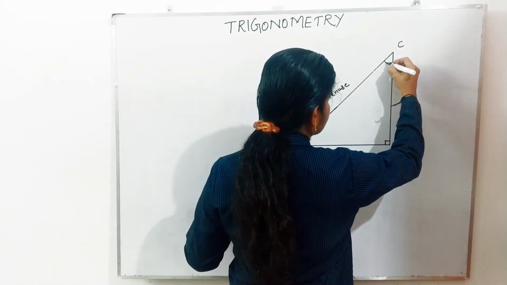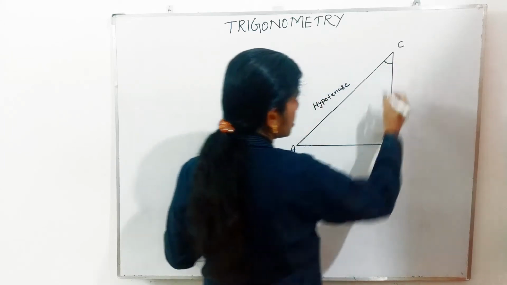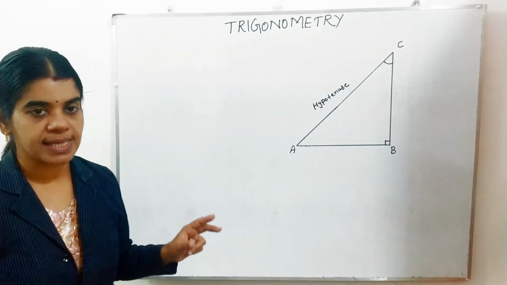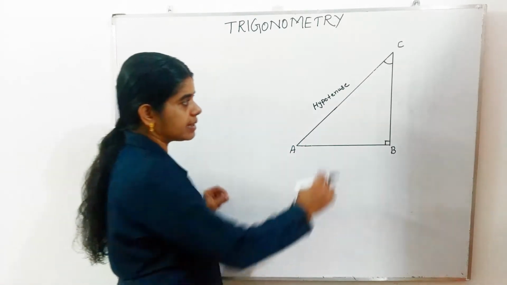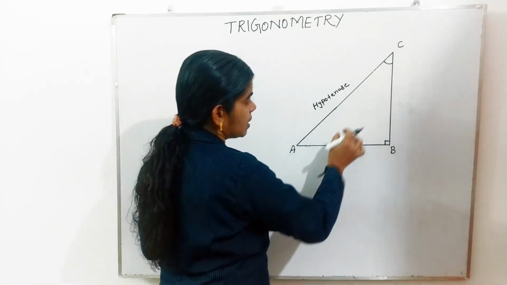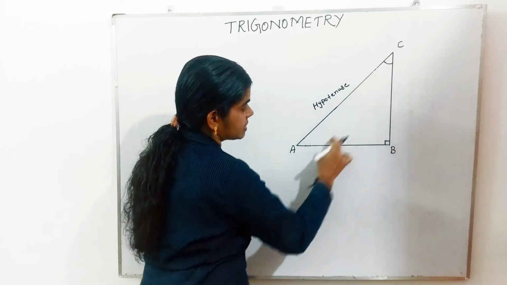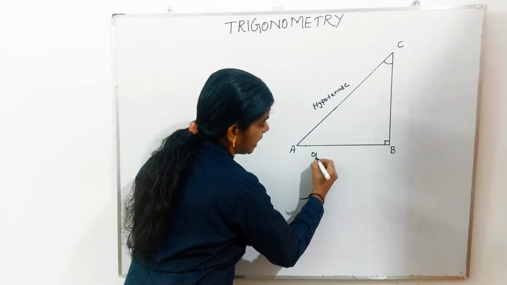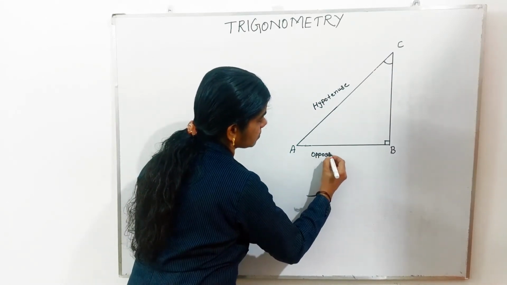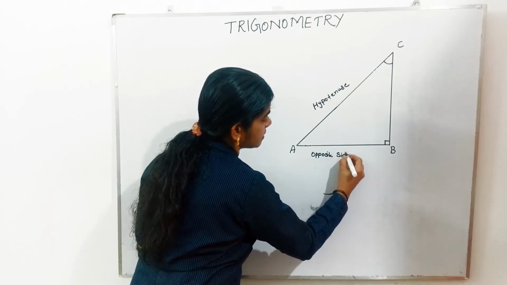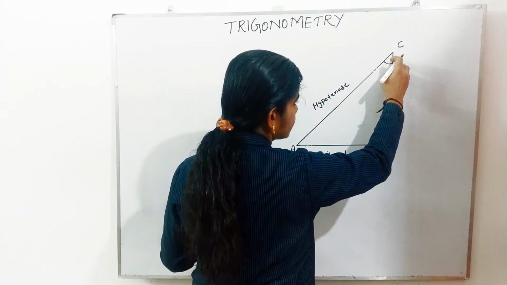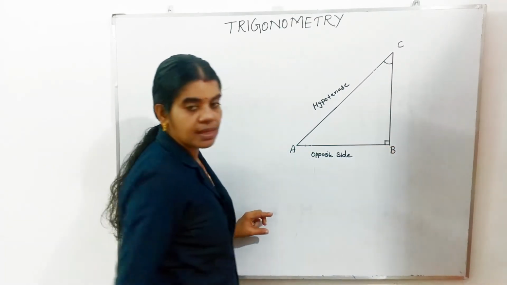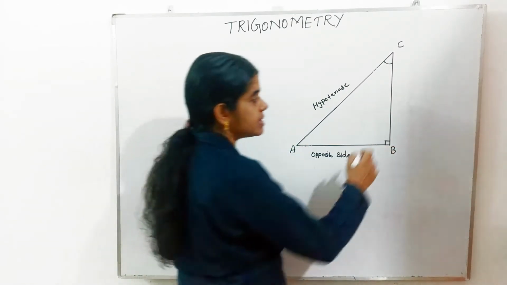Next I am taking this angle C. With respect to angle C, we are writing the trigonometric ratios. This is the angle C. So this angle C's opposite side will be AB. Opposite side will be AB. Thus BC, angle C's continuation is BC. So that will be the adjacent side.